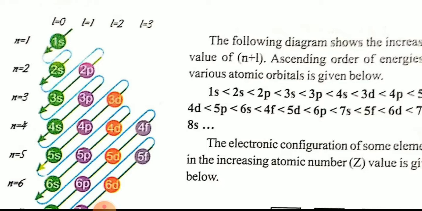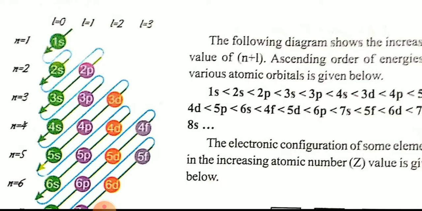In this manner, even though the 3d orbital is there in the third shell, its n plus l value is 3 plus 2, 5. But for the 4s, the n plus l value is 4 plus 0, equal to 4. So the n plus l value of the 4s is less than the 3d.